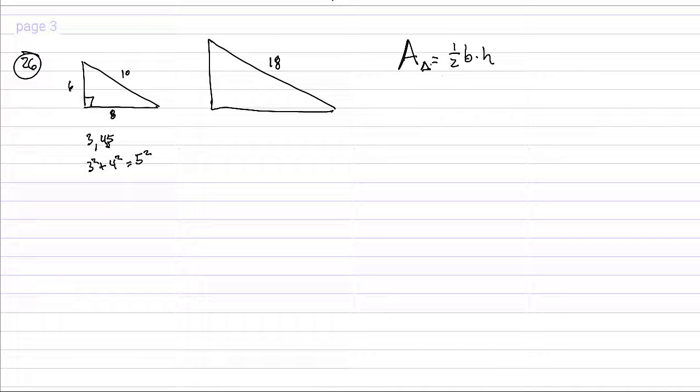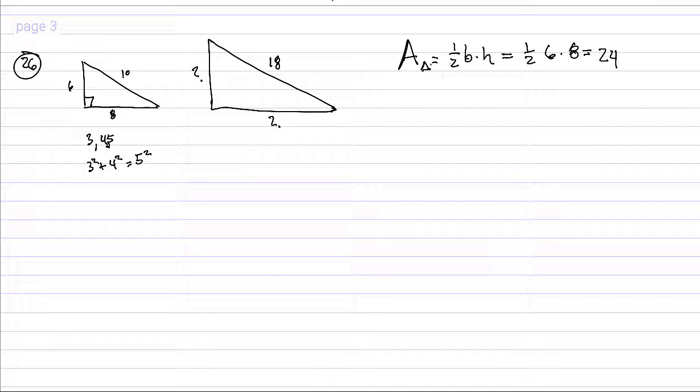So triangle 1, or triangle ABC, as it's labeled, would be 1/2 times 6 times 8, or 3 times 8, so 24 square units. In order to determine the area of the second triangle, we have to figure out what these sides are.